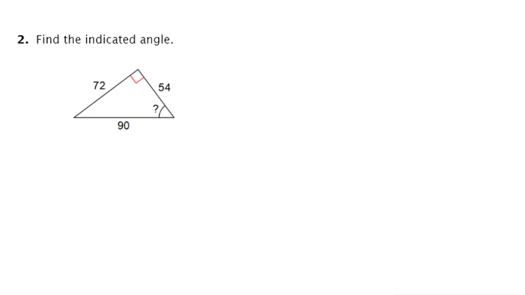In this next example, you have all three sides, and it's just asking for one angle. I don't know what this angle is, so I'm going to maybe just call it x for right now. I want to find what x is. If I label everything in relation to that angle, I have my opposite, my hypotenuse, and then this is my adjacent.